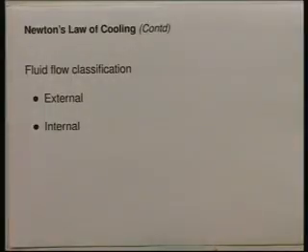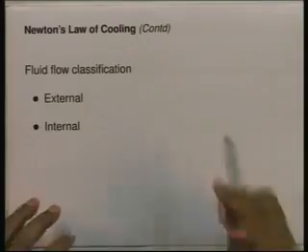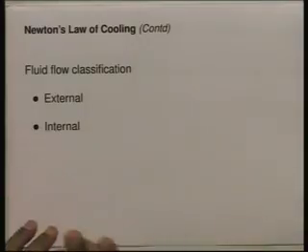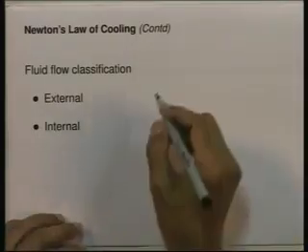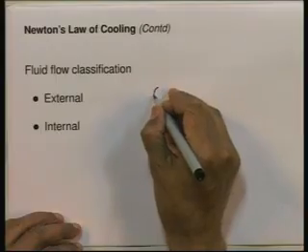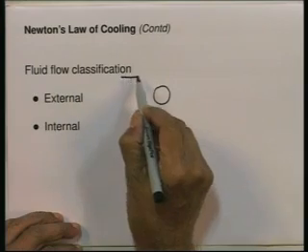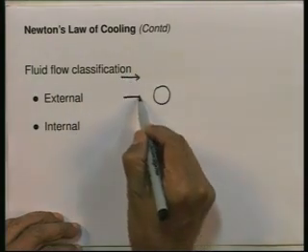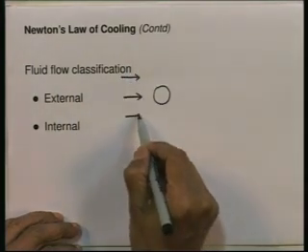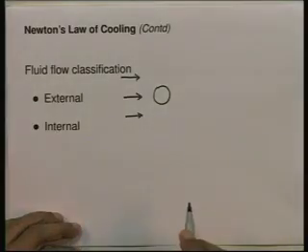What do we mean by that? An external flow is a flow which, say for instance, is going around a tube. Let us say I have some tube like this, and there is a flow of air or water over this tube, that is an external flow.